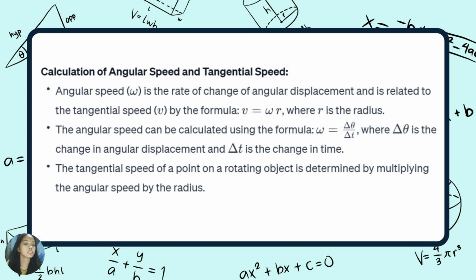The angular speed can be calculated using the formula angular speed equals delta theta over t, where delta theta is the change in angular displacement and t is the change in time. The tangential speed of a point on a rotating object is determined by multiplying the angular speed by the radius.